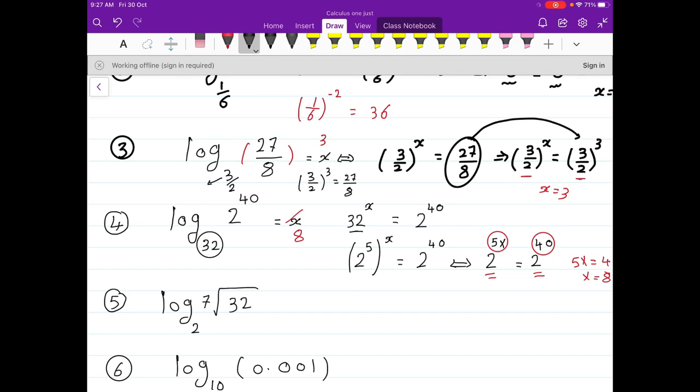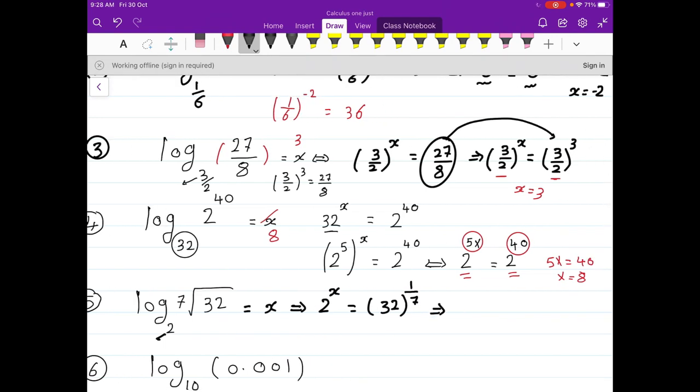Extra problem, log of the 7th root of 32 for the base 2. How to find this value or simplify? This is equivalent to x. This is the base, so 2 to the power x equals 32 to the power 1 over 7. And this is equivalent to 2 to the power x equals 2 to the power 5 all to the power 1 over 7.